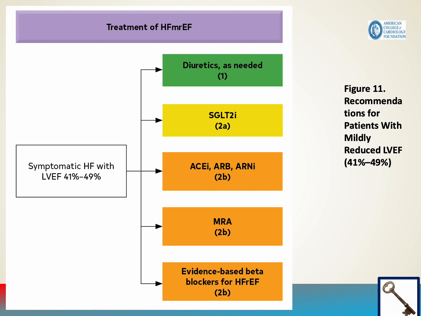And again, diuretics if needed, SGLT2s, ACEs, ARBs, and also spironolactone. What's kind of interesting here is a slightly higher level of evidence for the SGLT2s before any of the other cardiac drugs are listed. That kind of surprises people, but we're talking about EFs between 40 and 50% here.